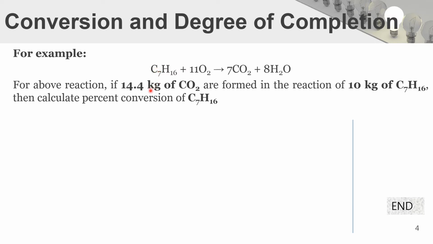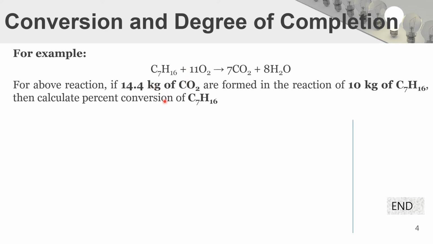So now two terminologies have been given. One is related with the product and one is related with the reactant. One more thing I want to remind you, like I told you in the previous slide, that before moving towards conversion or degree of completion, we should know about the limiting reactant. And in the previous example, we saw that C7H16 is the limiting reactant.